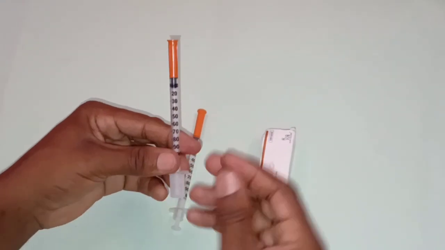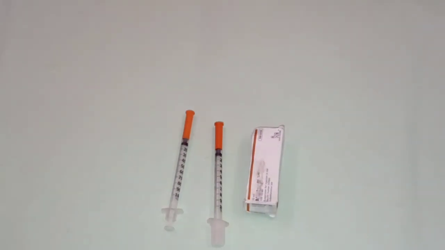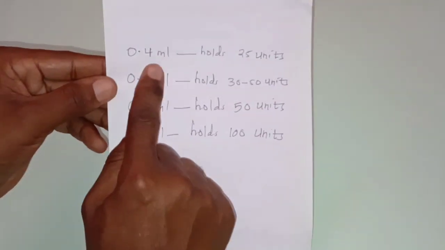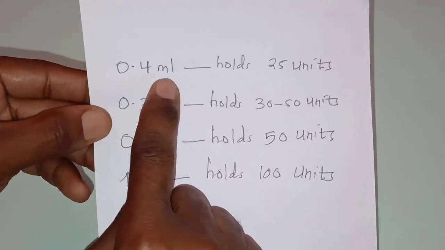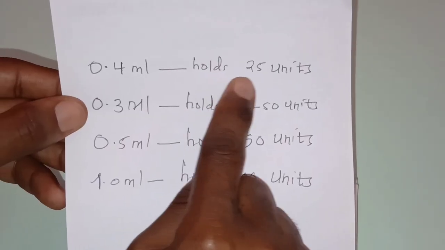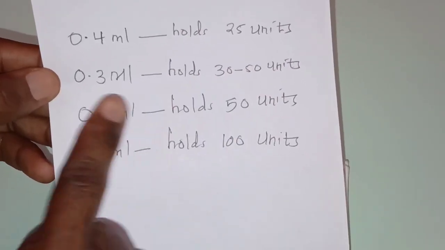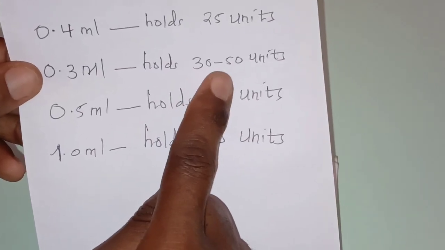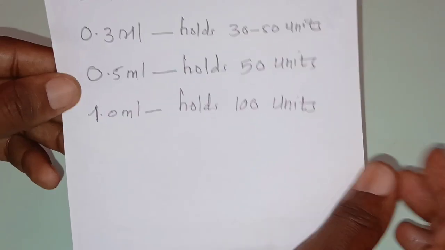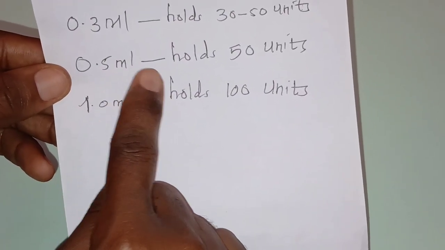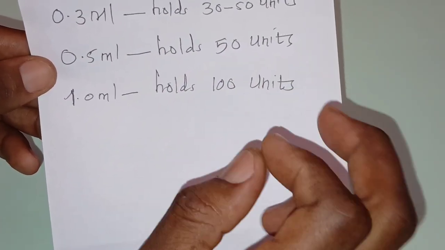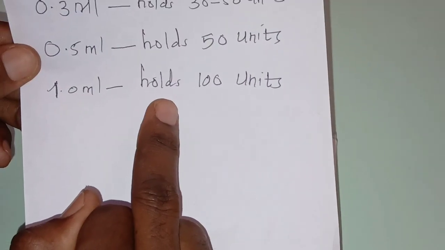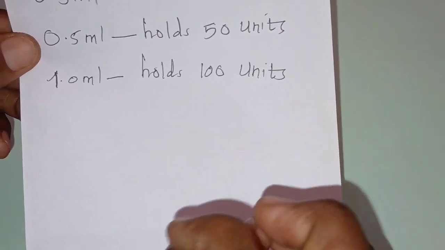Okay, what about the size of the syringe? Insulin syringes come in different sizes. The first size is 0.4 ml, which holds 25 units of insulin. We also have the 0.3 ml syringe, which holds 30 up to 50 units. We also have the 0.5 ml syringe, which holds 50 units, and the 1 ml syringe, which holds up to 100 units of insulin.